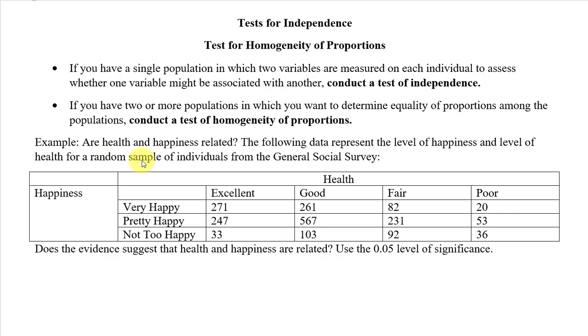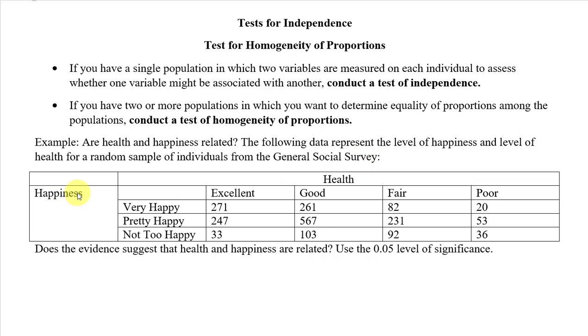Let's take a quick look at the examples. Are health and happiness related? This is the question. The following data represent the level of happiness and the level of health for a random sample of individuals from the General Social Survey.